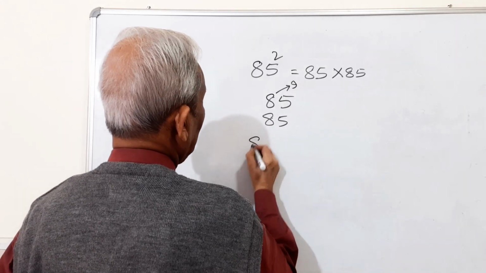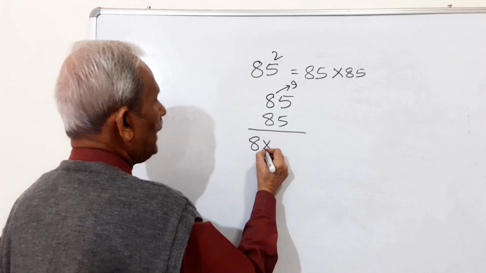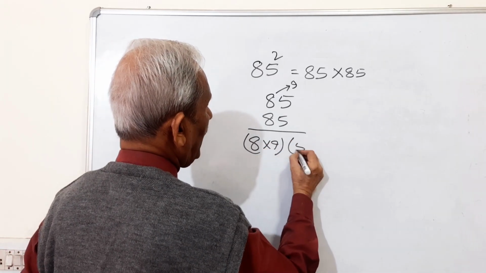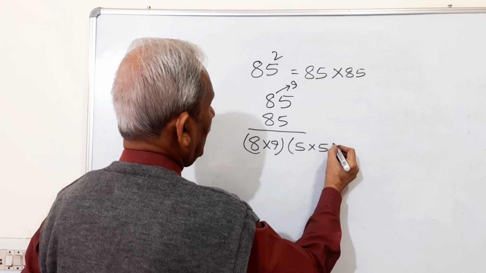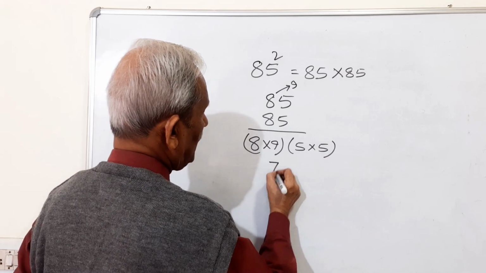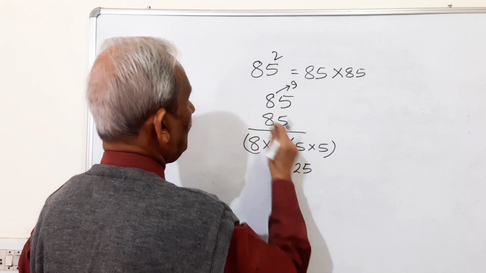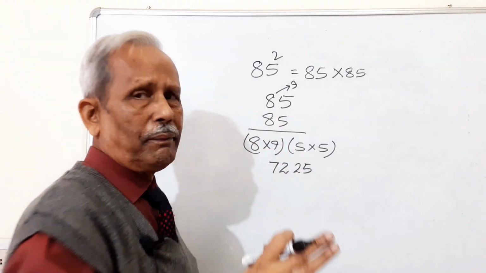So the first part of the answer is 8 into 9 and the second part of the answer is 5 into 5. So here 8 into 9 is 72 and 5 into 5 is 25. 7225 is the square of 85.